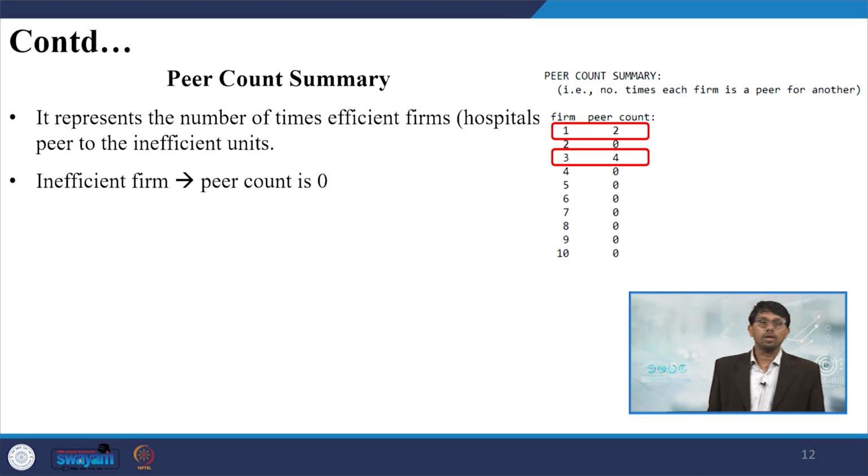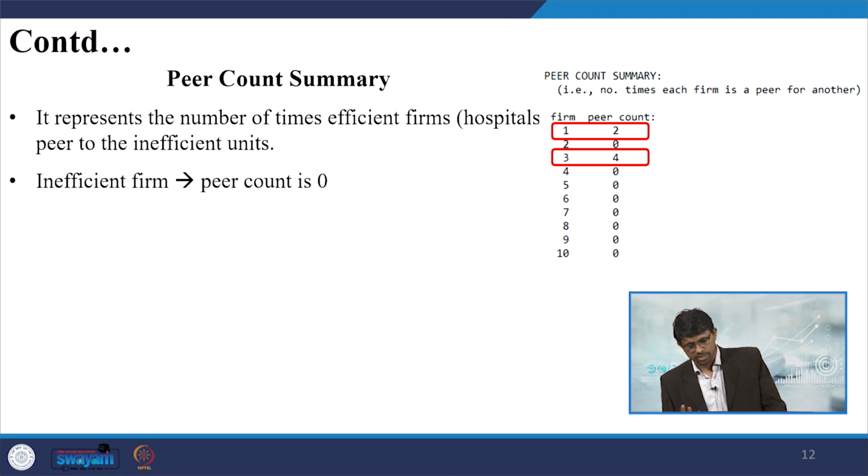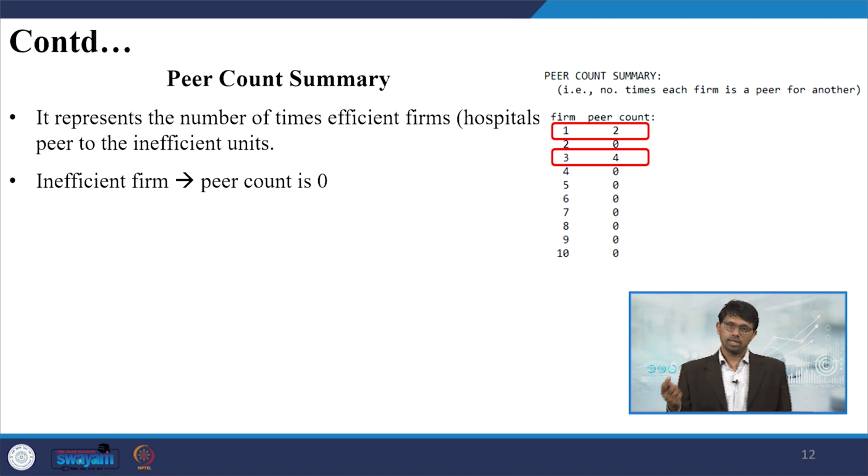It represents the number of times efficient firms, that is hospitals, are actually peers to the inefficient units. Like H1 is actually counted 2 times. H1 is the efficient firm, as I already told you, it is counted 2 times by other firms, or 2 firms counted H1 as their peer.